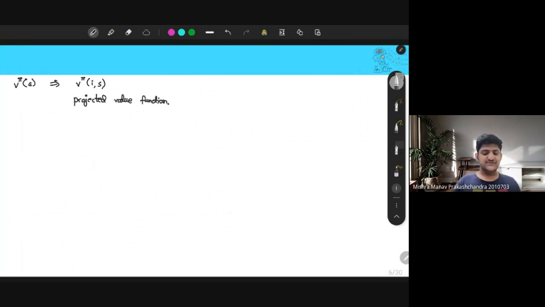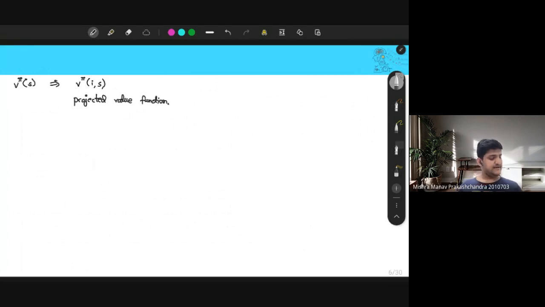What I mean is that this is the expected return that you will get on completing the subtask i starting from state s. In a way you're projecting it out into smaller subtasks, hence the name projected value function. So V pi i of s denotes the expected return on the completion of subtask i starting from state s.